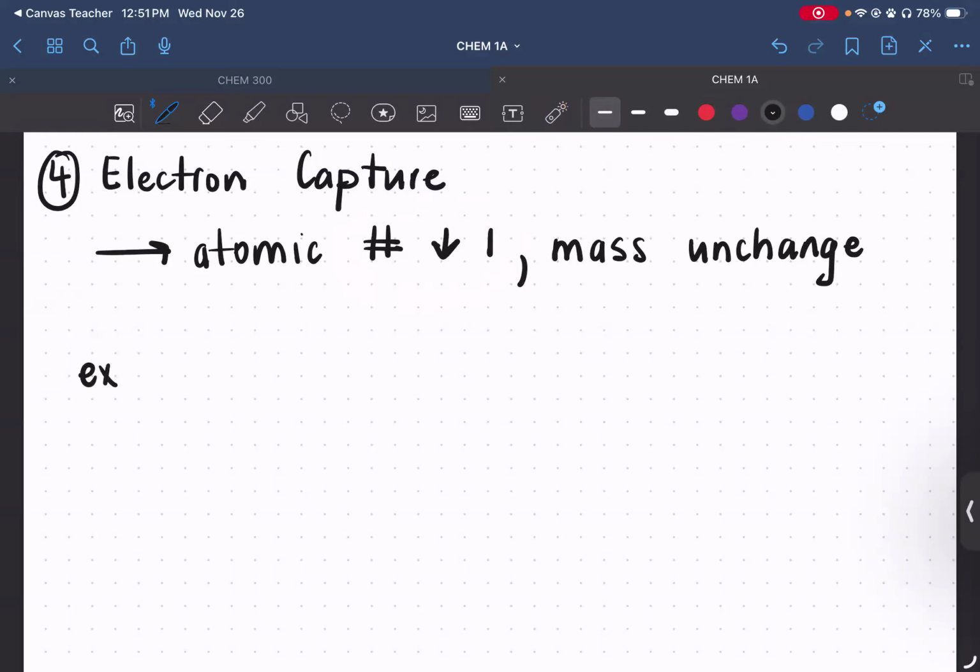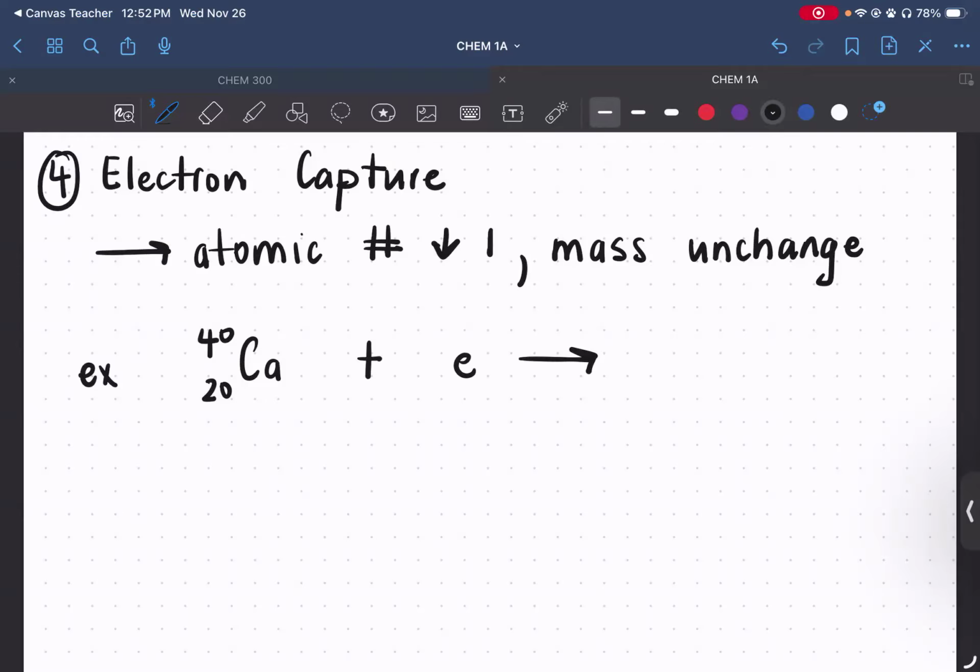An example of this, using calcium, if we were to shoot an electron at it, if we were to try to get it to capture an electron, in this case, the electron would be on the reactant side. All right, because we're capturing it, we're not releasing it.